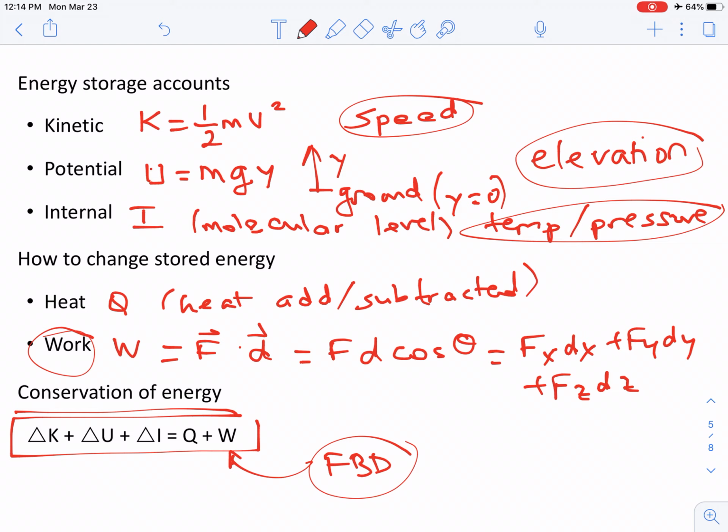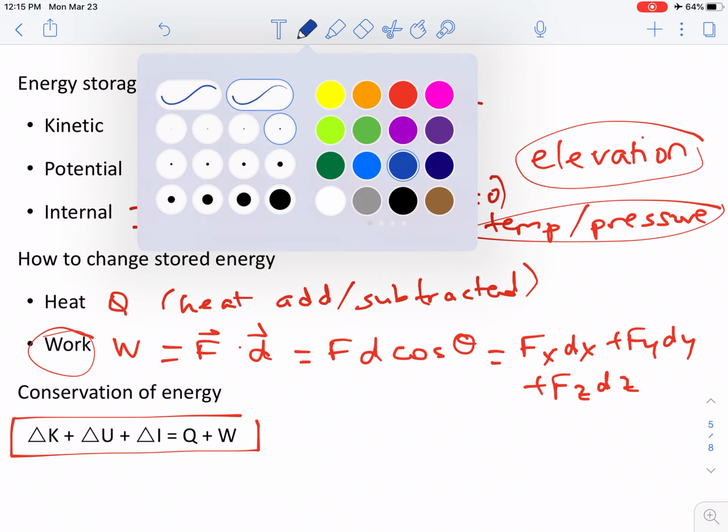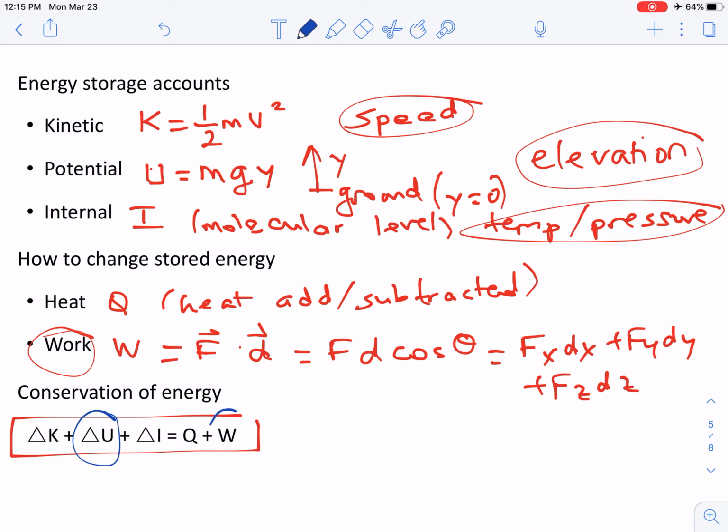So you have 2 options, and the weight force, or the change in elevation, will affect these 2 terms. Okay, and if there's an elevation change, then that means there's a change in potential energy.